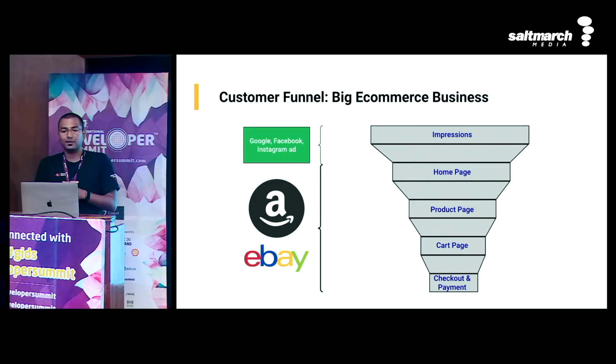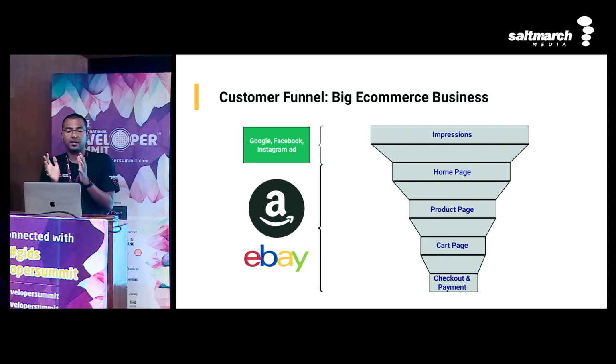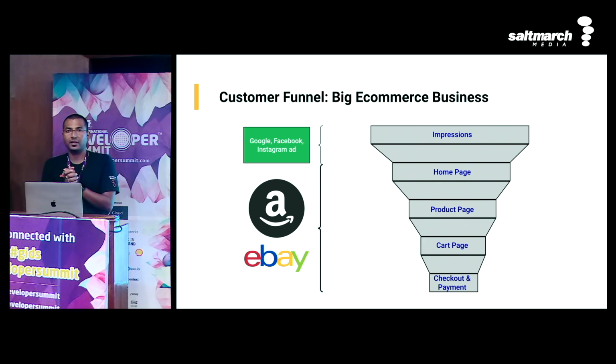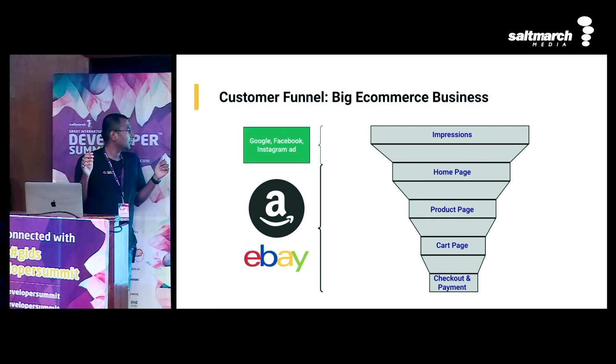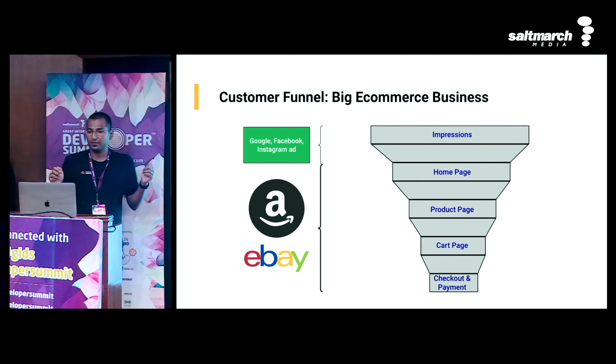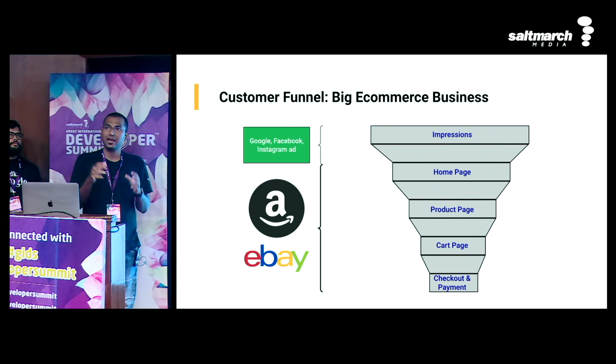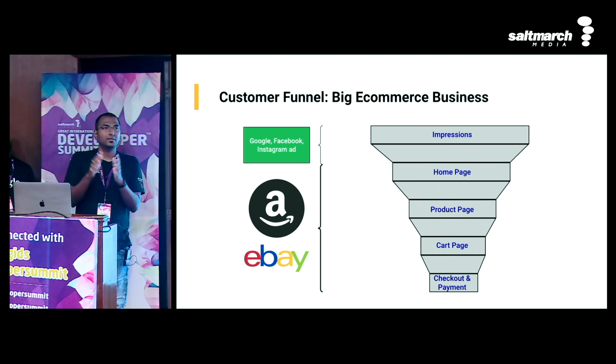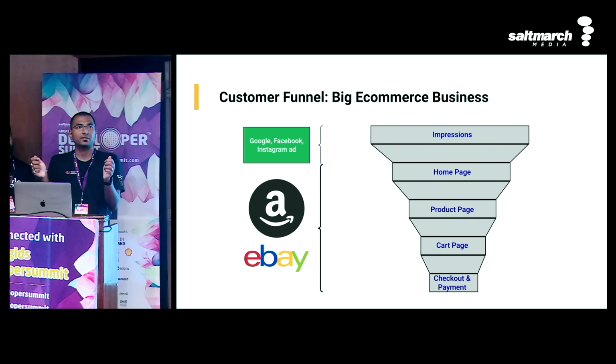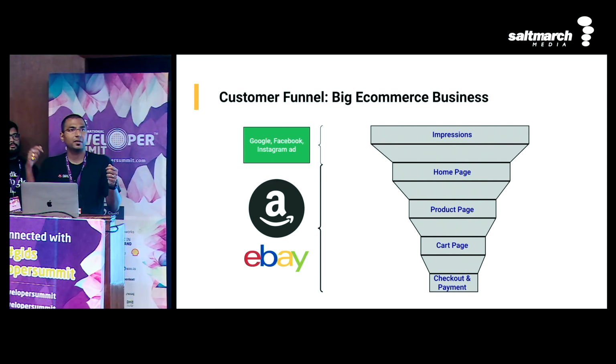So if you look at how the big e-commerce companies fall into this setup, the Googles, Instagrams, and Facebooks of the world are giving the impressions for any website. You host that ad, and they have very sophisticated, user-driven algorithms which keep track of their search history and usage pattern.